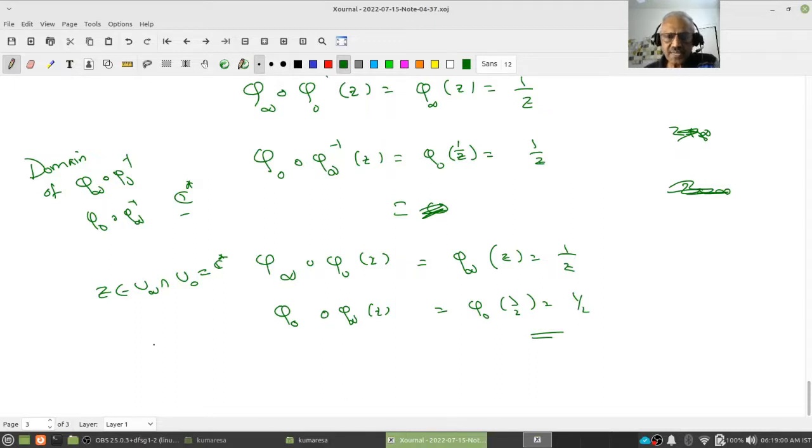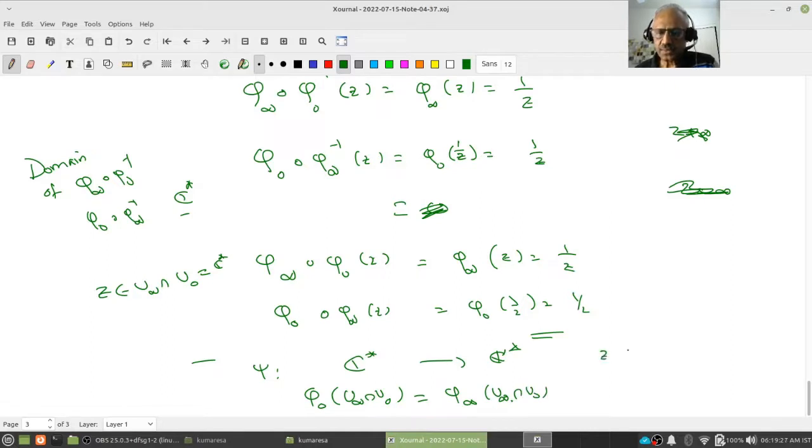Therefore the transition map is the map xi from C star to C star, on phi infinity of U infinity intersection U0, where z goes to 1 by z. This is a bijection and holomorphic each way.